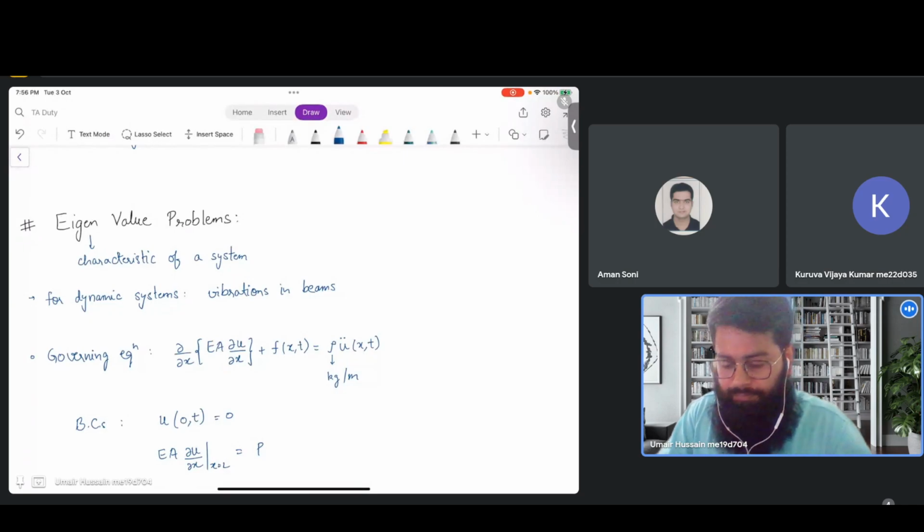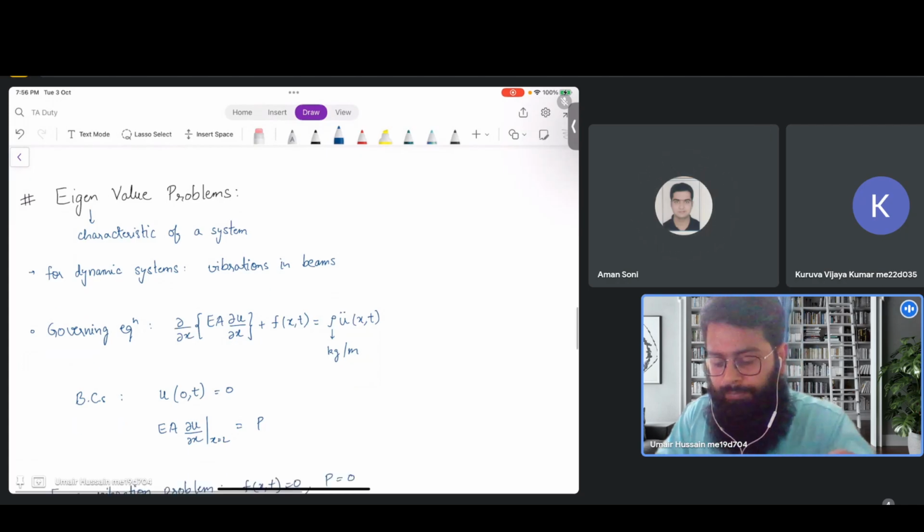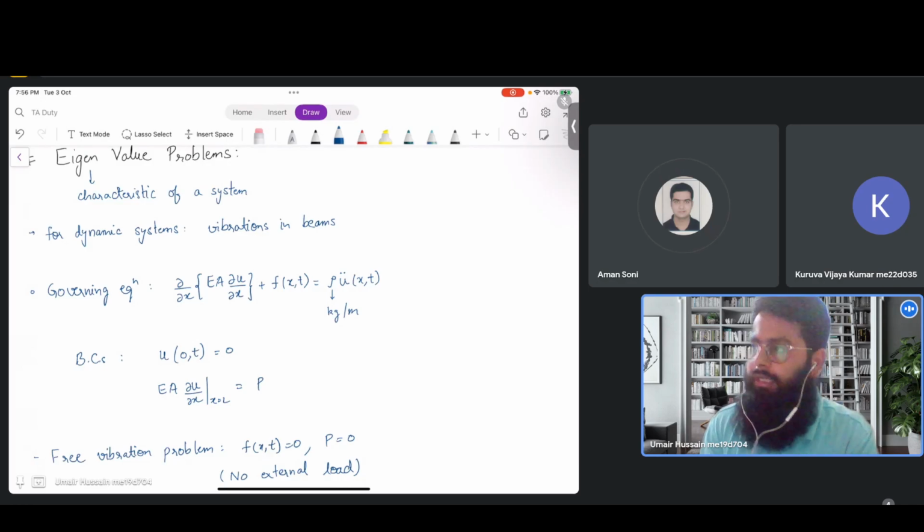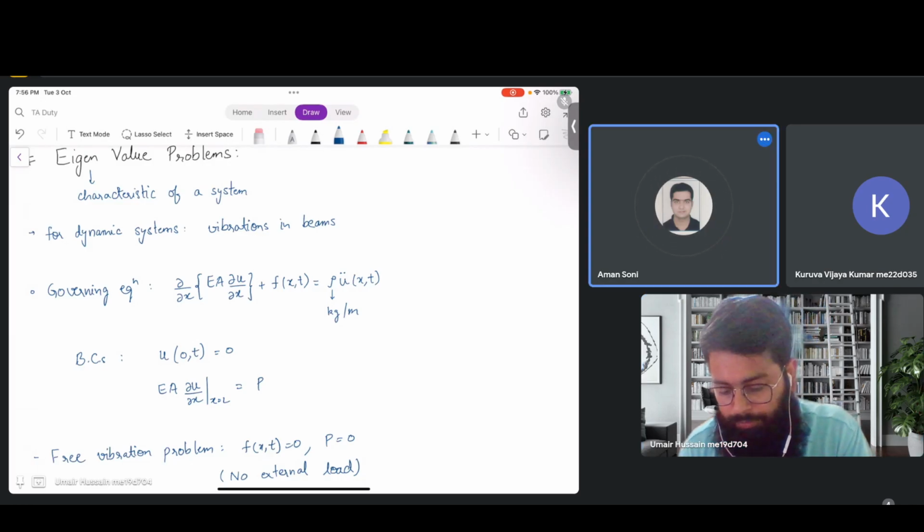An example is the vibration in bars and beam problems. So we take an example of vibration in a 1D bar problem. Since it's a dynamic problem, we'll have an acceleration term also in our bar equation.